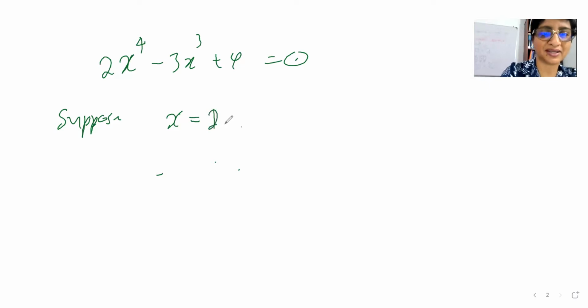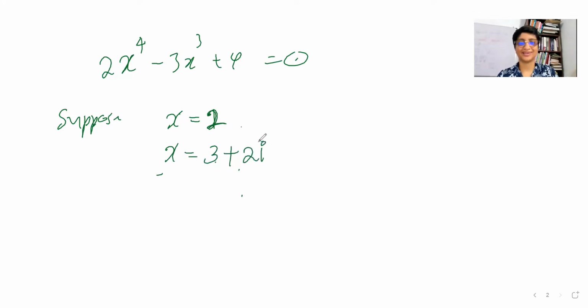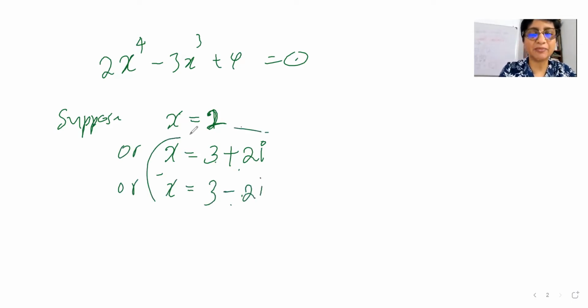If one solution is 1, according to the theorem, the conjugate is the same thing, so it's done, right? But if I say there is another solution, x equals 3 plus 2i, then there is another solution, 3 minus 2i, because they occur in pairs.